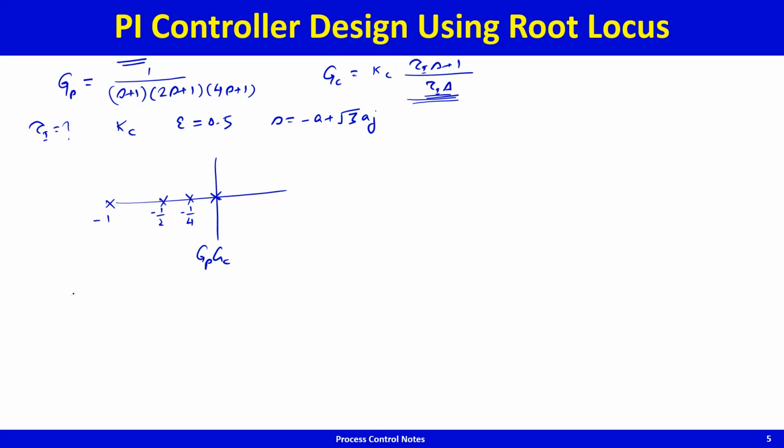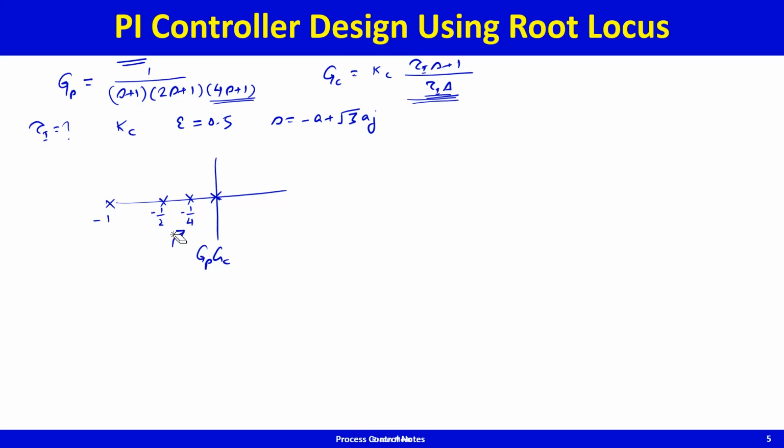The rule of thumb is to choose tau I such that it cancels the dominant pole of the open loop transfer function. The dominant pole, the slowest time constant, is actually 4. So I would like to cancel the pole corresponding to s equal to minus 1 by 4.